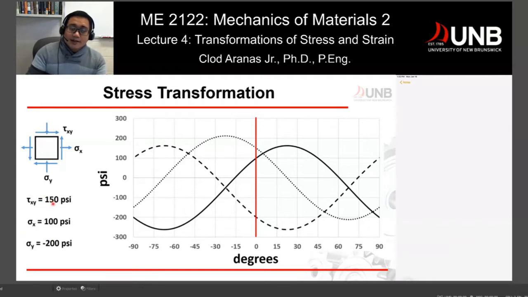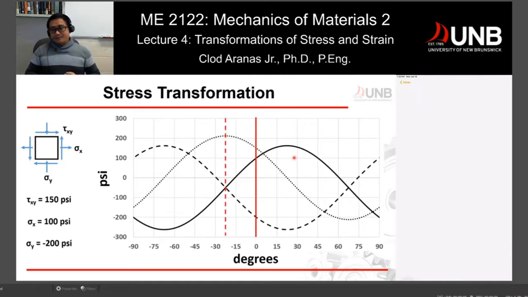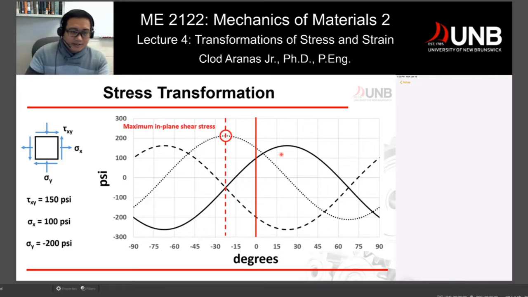Whenever we substitute in an angle, negative if clockwise and positive if counterclockwise, into our transformation equation, you get these waves, and we can deduce, for example, our maximum in-plane shear stress, which is this point here.